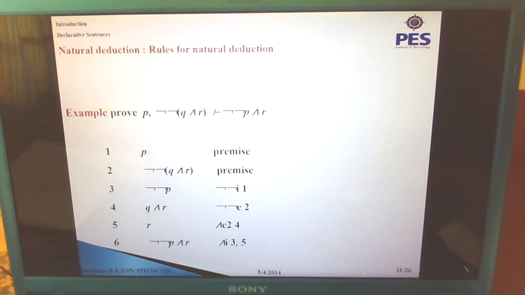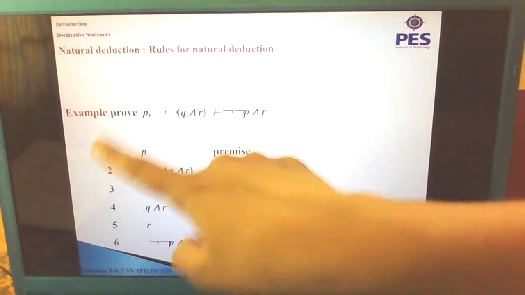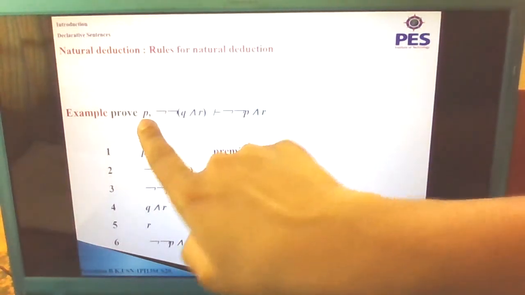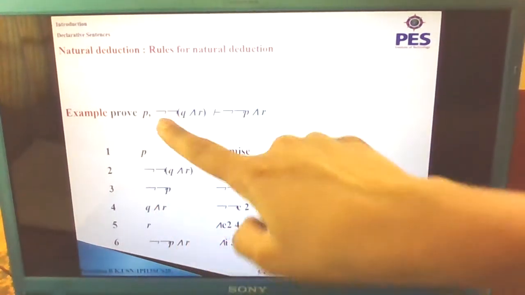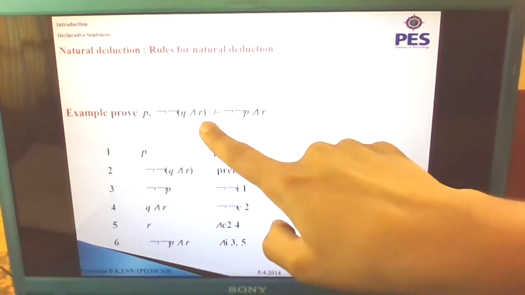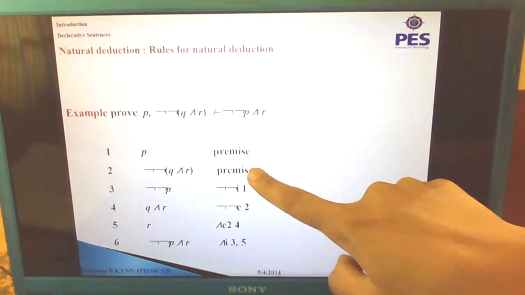Here is an example which uses the double negation rule and the conjunction rule. The first premise is P, and the second, double negation of Q conjunction R, is also a given premise.